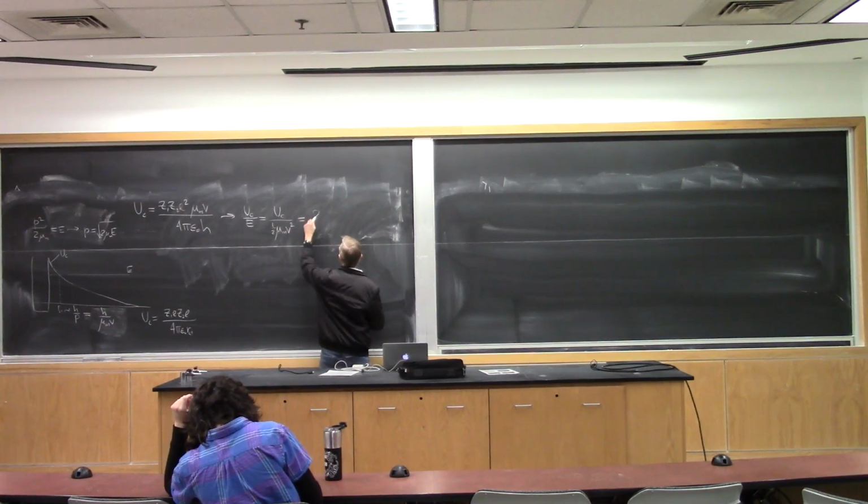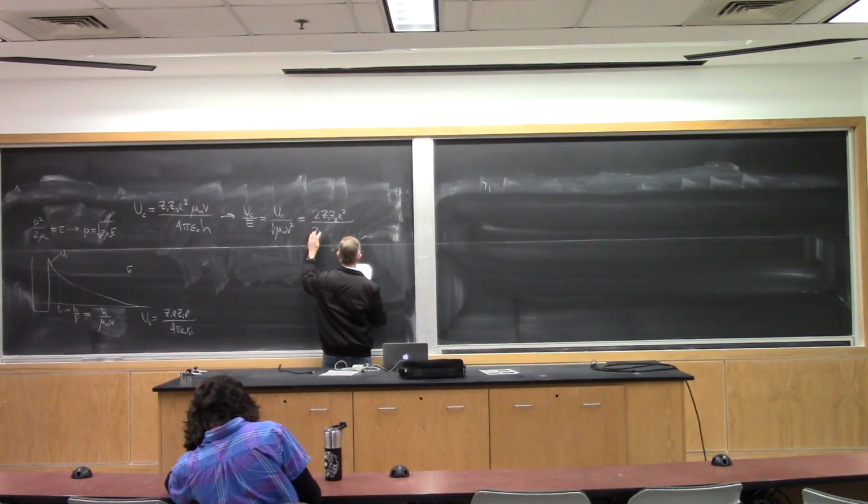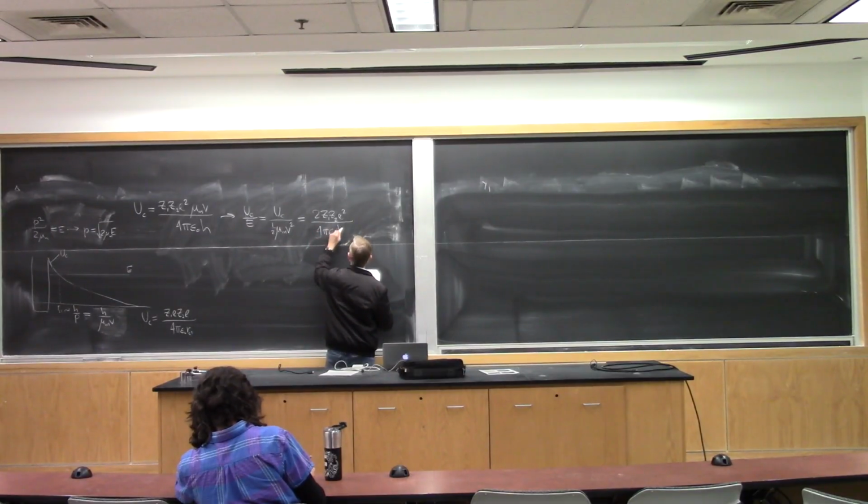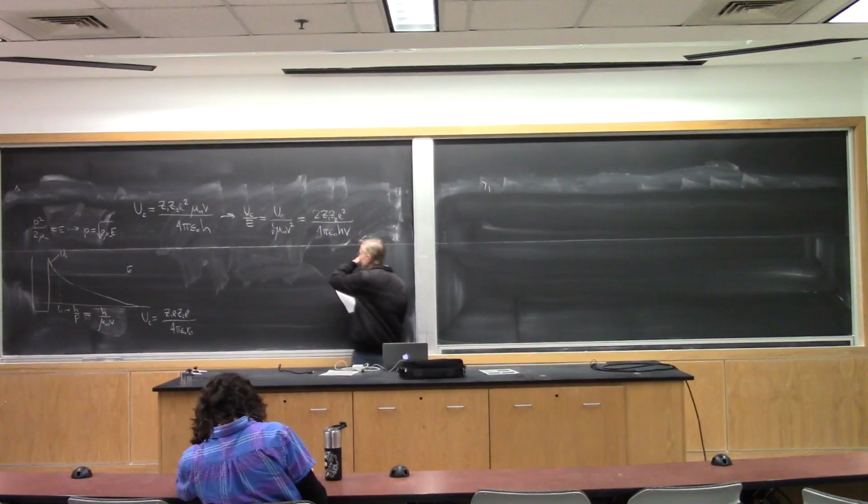So that's going to be 2 Z1 Z2 e squared over 4 pi epsilon naught times h v.